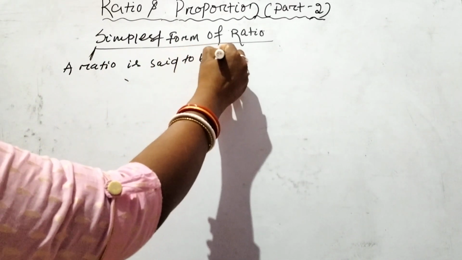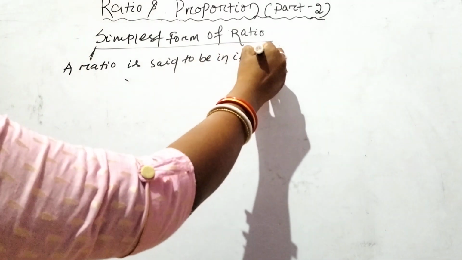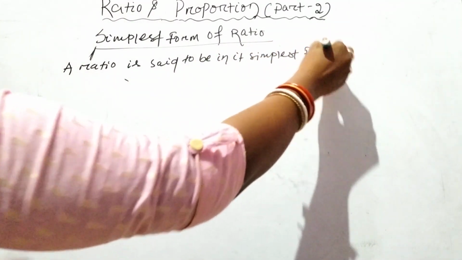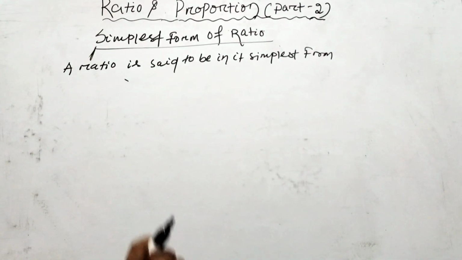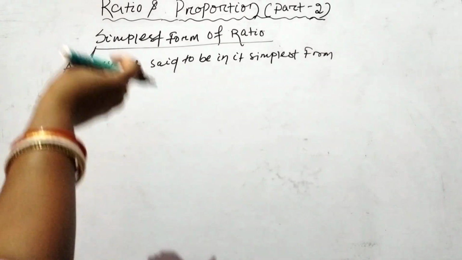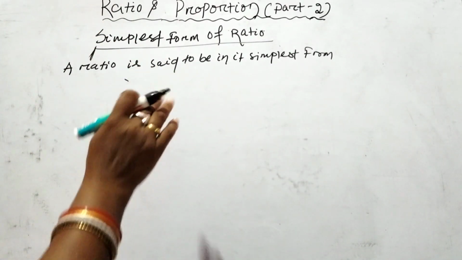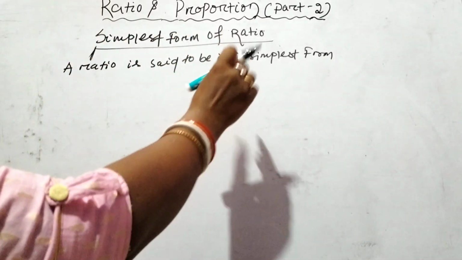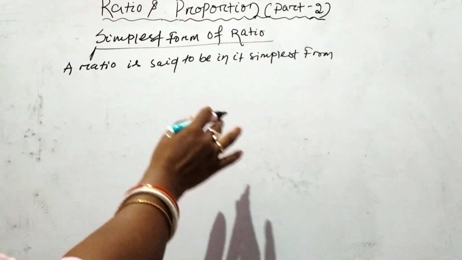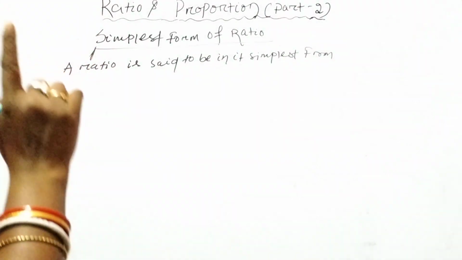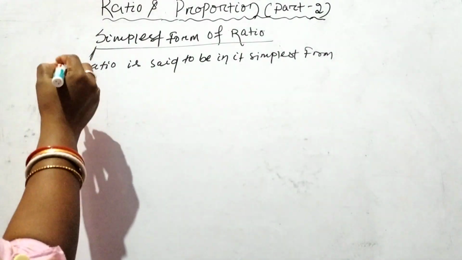When you find the simplest form of a fraction, the common factor between the numerator and denominator is 1. Here also, the ratio is said to be in the simplest form if its terms have no common factor other than 1.